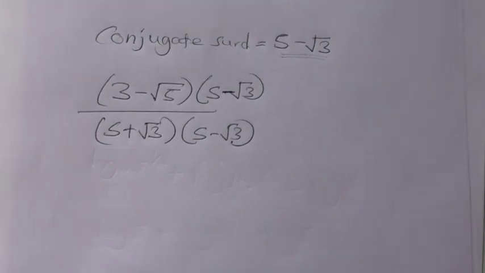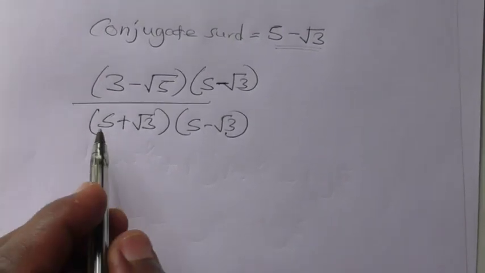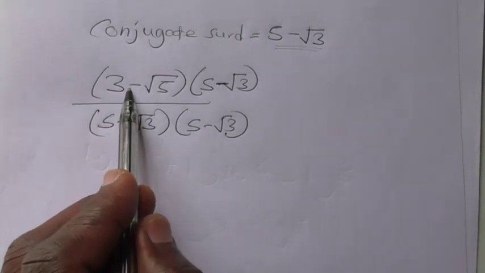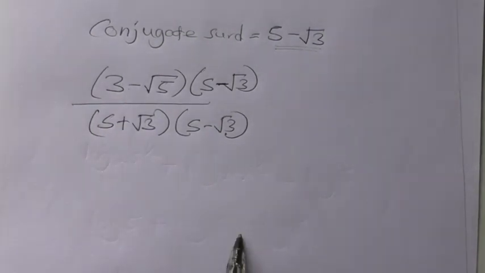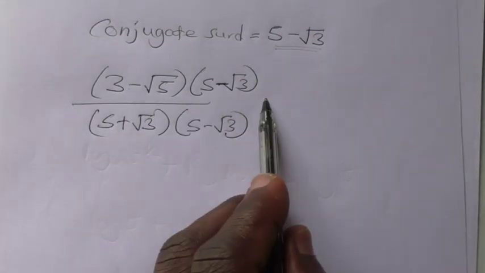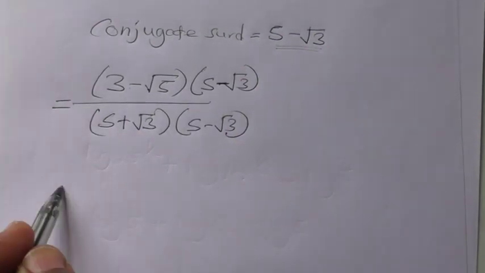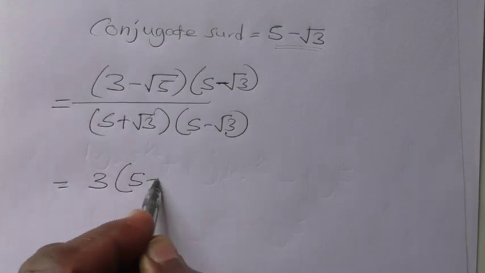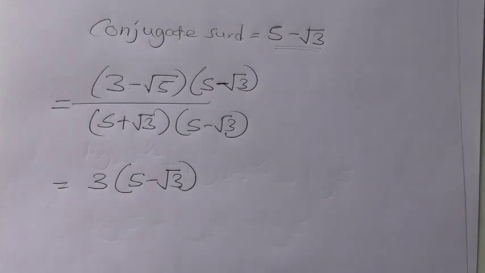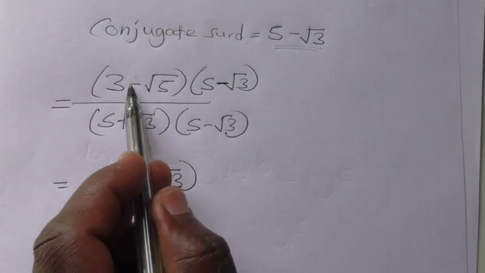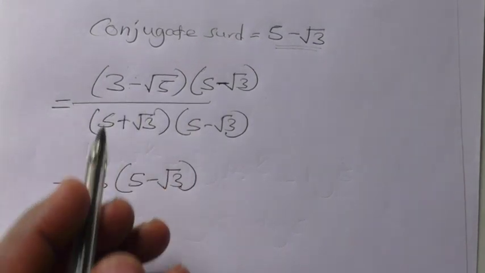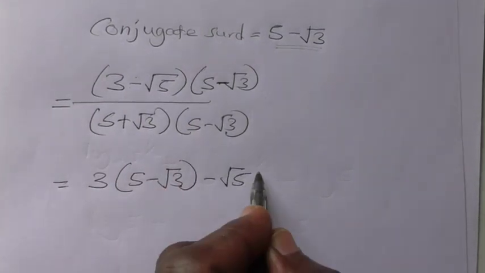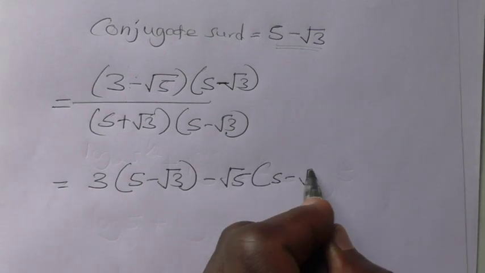Then we can open brackets now. When opening brackets, we shall split the first bracket into two terms, and the first term multiplies the bracket. So we shall have 3 open bracket 5 minus root 3. Then the second one comes with its sign, which is minus root 5 into 5 minus root 3.